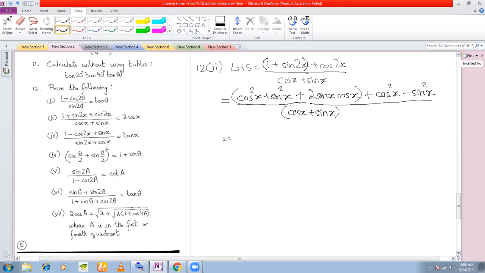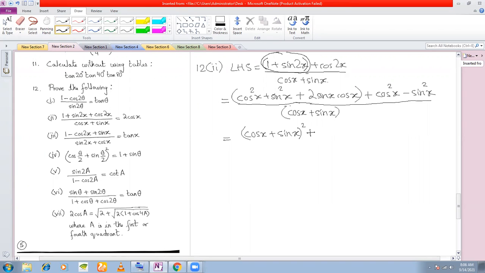So now, cos square x plus sin square x plus 2 sin x cos x, as I told you, becomes (cos x plus sin x) whole square. So what you see here is that this part, 1 plus sin 2x, has been written as (cos x plus sin x) whole square. This is very important. Okay, remember this step.